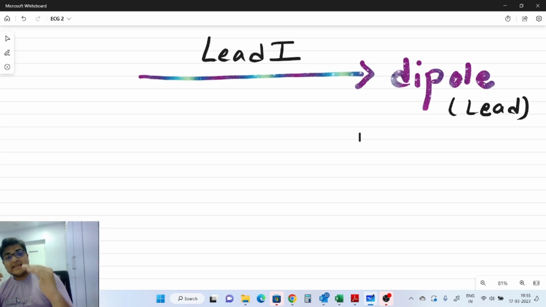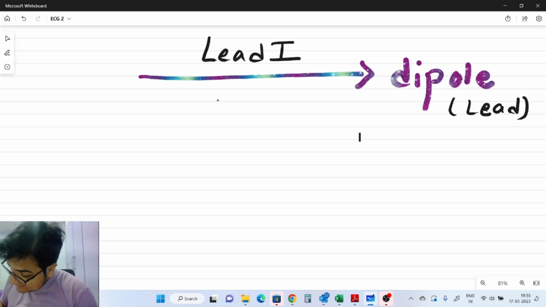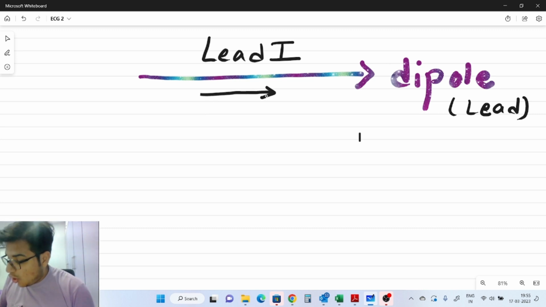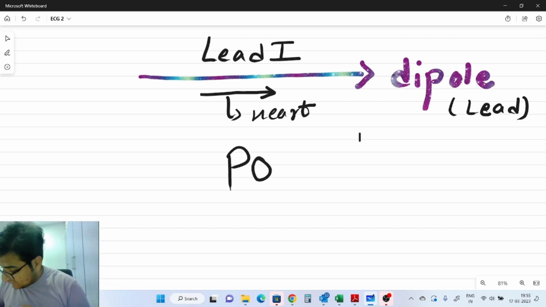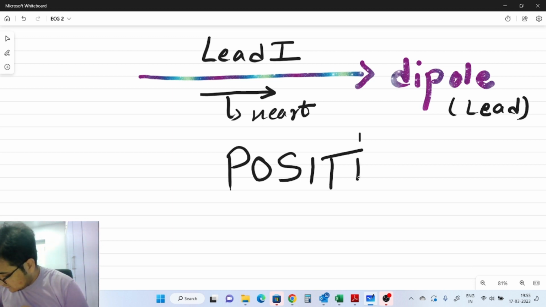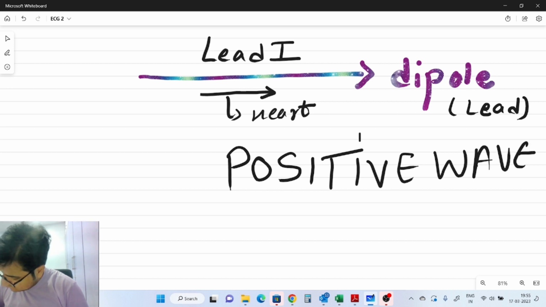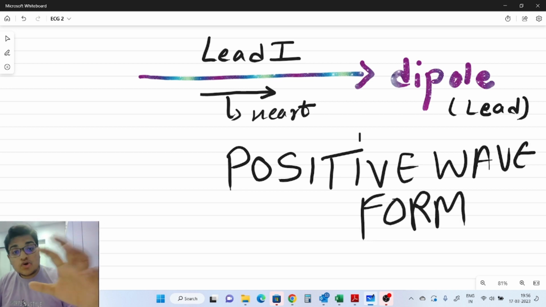If any dipole of the body, of the heart, is in the direction of the dipole of the lead, please understand this is of the heart, I'll just mention first. If any dipole of the heart is parallel to the dipole of the lead, you are going to get a positive waveform.